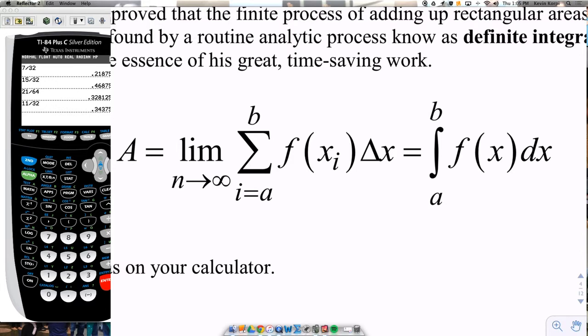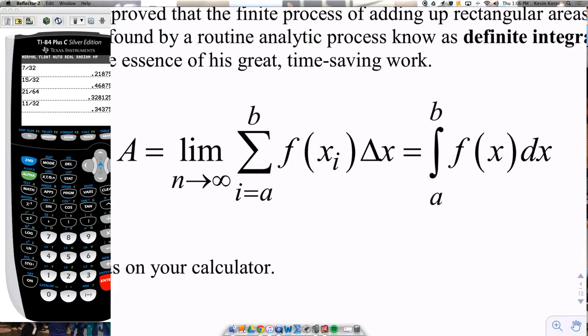And without getting into the magical step, just know that the sum became the integral symbol, which is still an s, from A to B, of your integrand, which was your height, f of x, and the infinitely small dx replaced the measurably small delta x. And it's the fundamental theorem of calculus that we'll learn in the next section that essentially allows us to evaluate that.